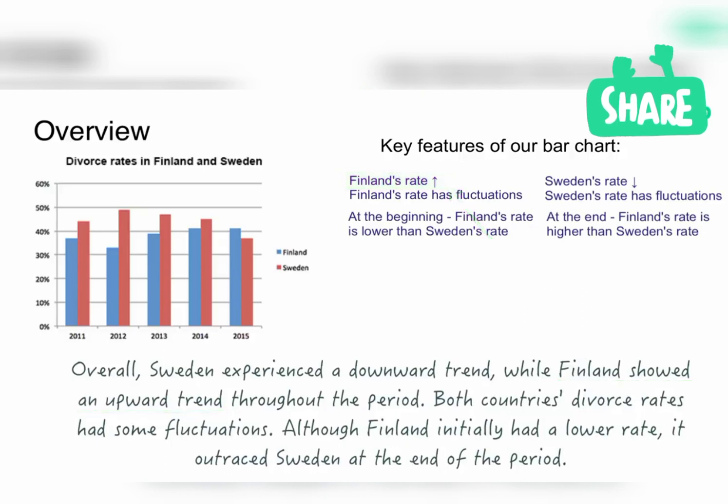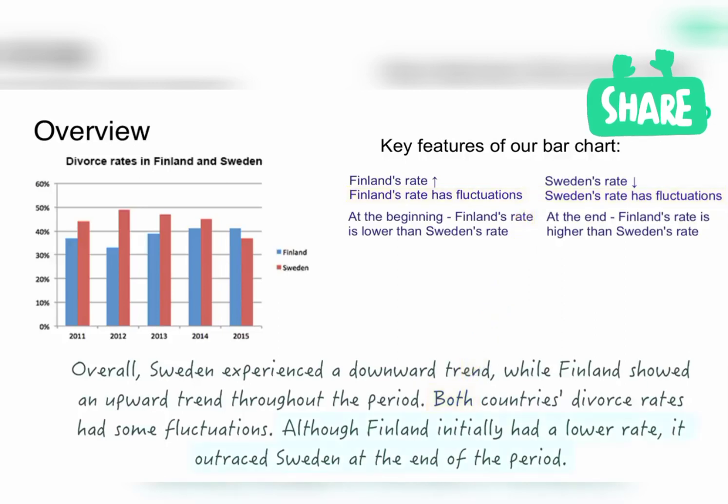Note how I used the linking word while to contrast the opposite trends. It is a very good technique, so keep that in mind. Then I use the word both to say that 2 countries had the same feature. In our case, both countries had some fluctuations.